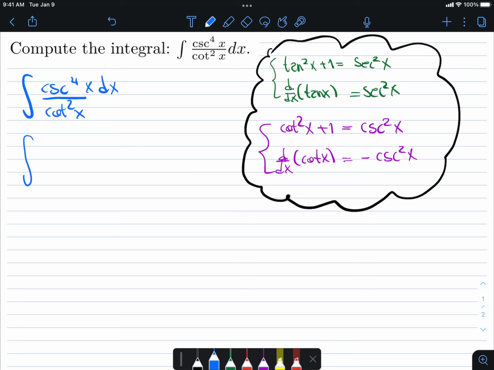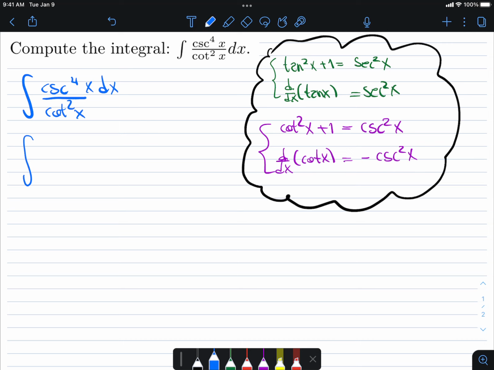We have now the integral. I want to make sure that I make use of these purple identities. I know that the derivative of cotangent is minus cosecant squared, so that would suggest the possibility of using u equal to cotangent x if I can make a cosecant squared show up somewhere.